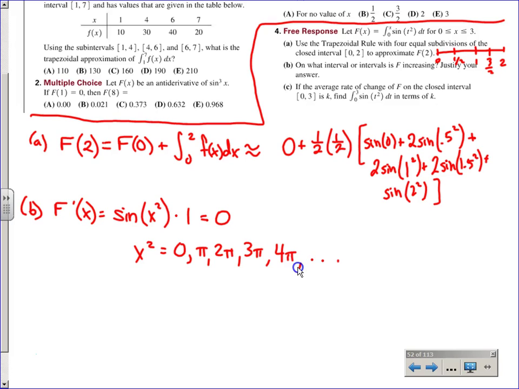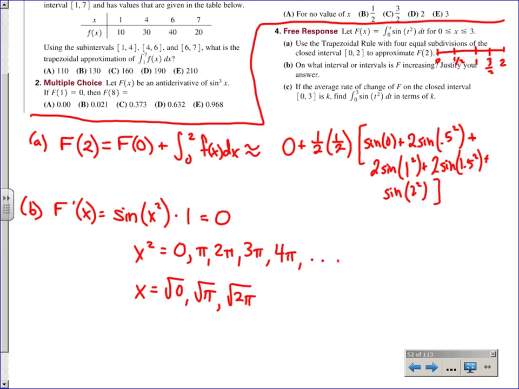I'm setting x squared equal to all those, right? But where do I stop? So where's 3? I'm square rooting stuff to get to x. Square root of 0 is fine. Square root of pi, square root of 3-ish, that's fine. Square root of 2 pi.